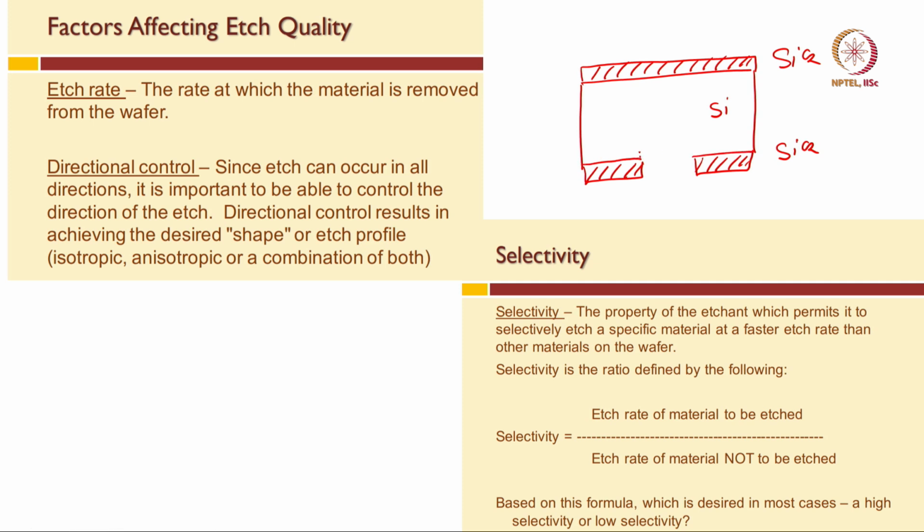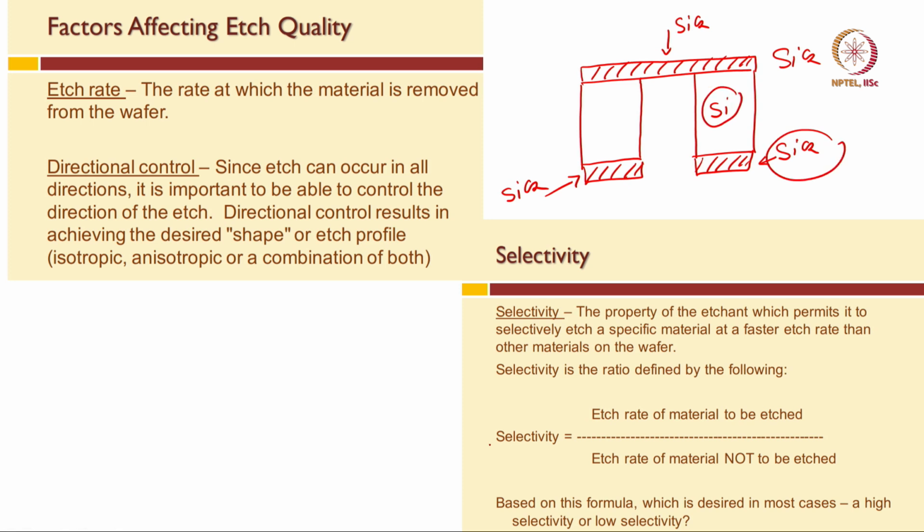So, I start etching. You see that when I etch all the way to silicon dioxide, this silicon is etched all the way to the silicon dioxide, that is here, this one, right. The silicon dioxide here in the other region is not etching. That means the etching rate of silicon dioxide is way lower than the etching of silicon.